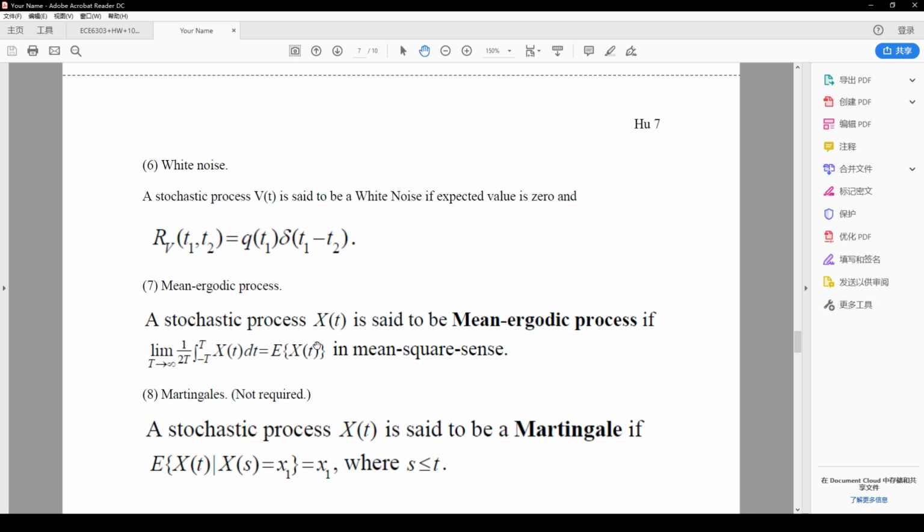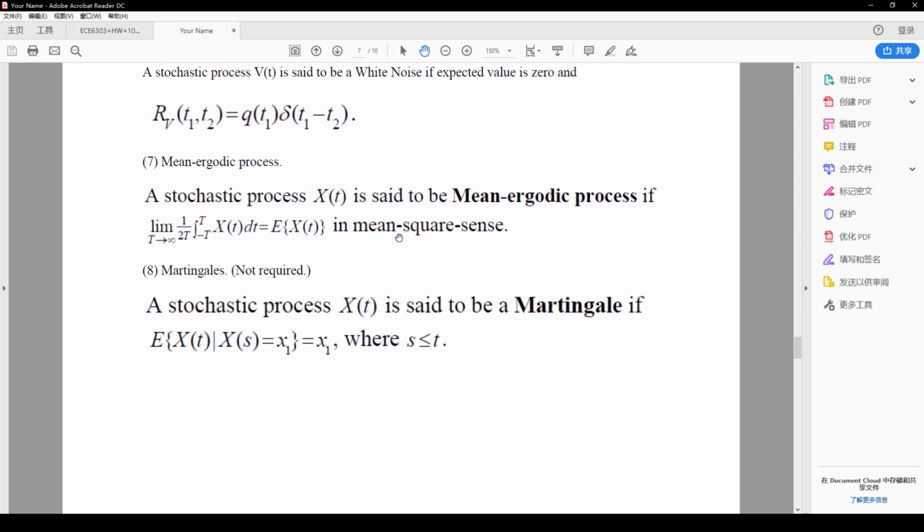The mean ergodic process is defined as follows: X(t) is mean ergodic if it satisfies this condition, also in the mean square sense.